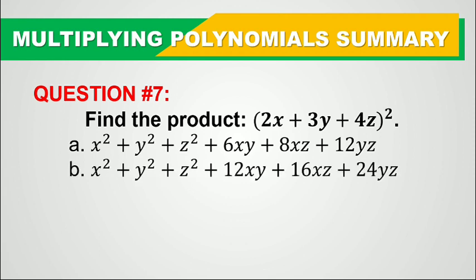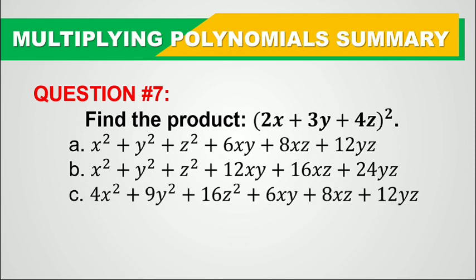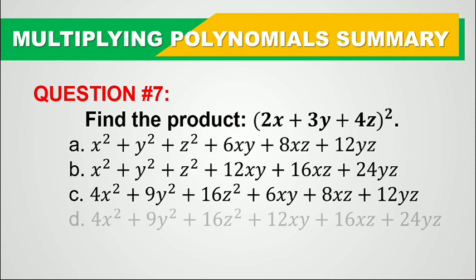Or letter B, x squared plus y squared plus z squared plus 12xy plus 16xz plus 24yz? Or letter C, 4x squared plus 9y squared plus 16z squared plus 6xy plus 8xz plus 12yz? Or letter D, 4x squared plus 9y squared plus 16z squared plus 12xy plus 16xz plus 24yz? What is your answer?